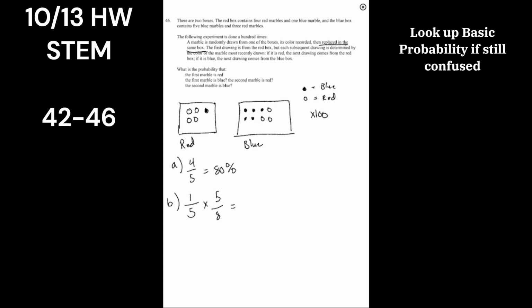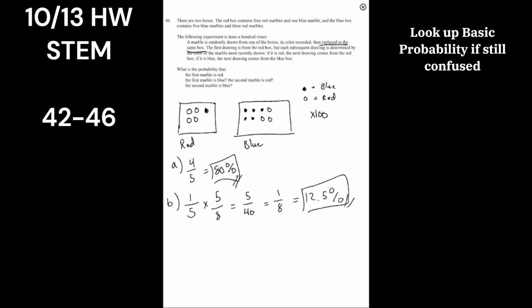And this would equal 5 over 40. It's 1 over 8, which should be 12.5%. Just multiply the probabilities.